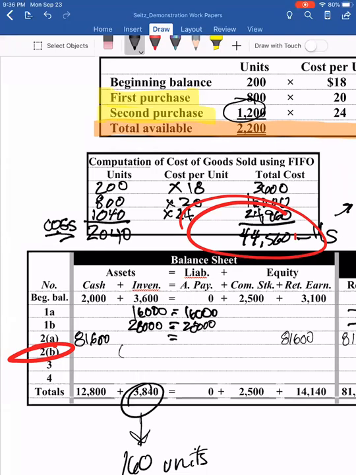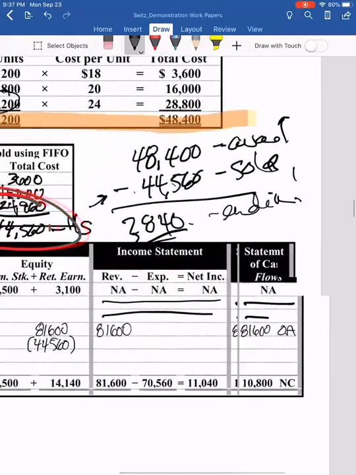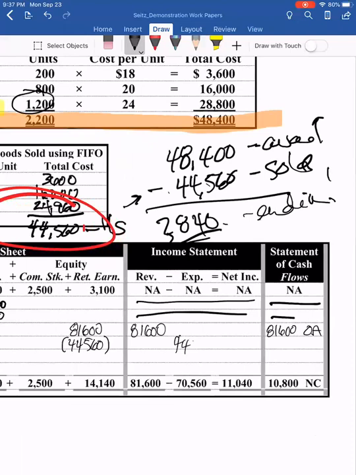So we're going to decrease our inventory by $44,560. And this is also cost of goods sold, which is an income statement expense of $44,560. So you're going to see a decrease here of $44,560. That's a decrease. And that's not a cash item, so the cash would not be affected.